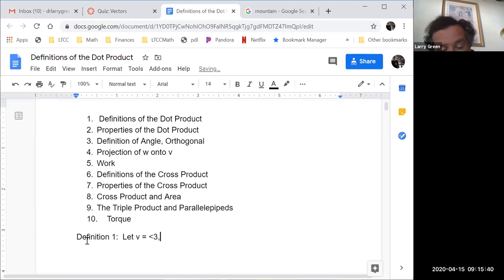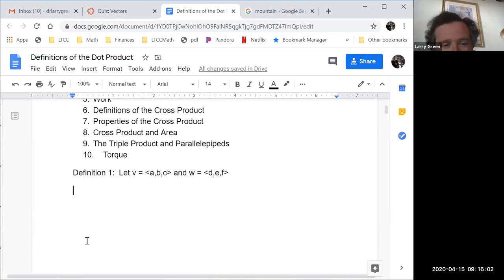So how about A, B, C, and W equal D, E, F. And by the way, we can get away with this because we're not doing calculus yet. So I can use D as a variable, no problem, or as a constant. E also not a problem. Yeah, but we're worried about those for normal things.